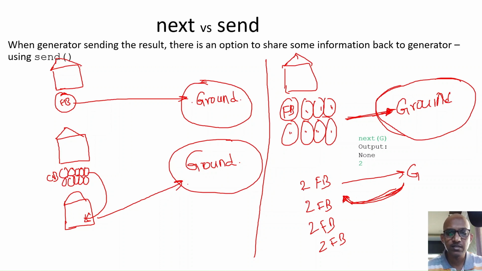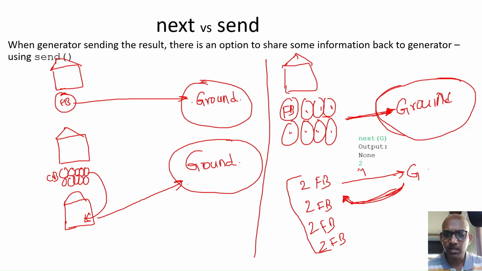Yeah, this is one of the good answers. Obviously, everyone will do the same thing. Any other option anyone can do? Yeah, in fact, this is the only option we have. There are no other options. So either you carry 1 football or 2 footballs, whatever is convenient for you to carry at a time. You carry them, go to the ground, place them there, and come back with empty hands, right?